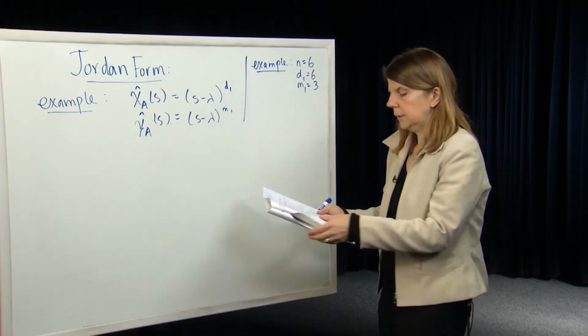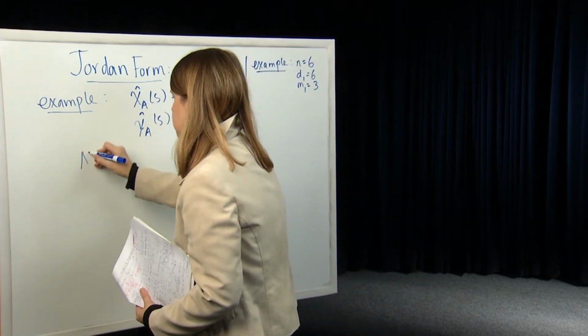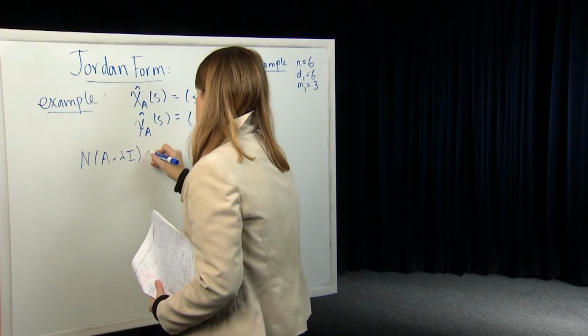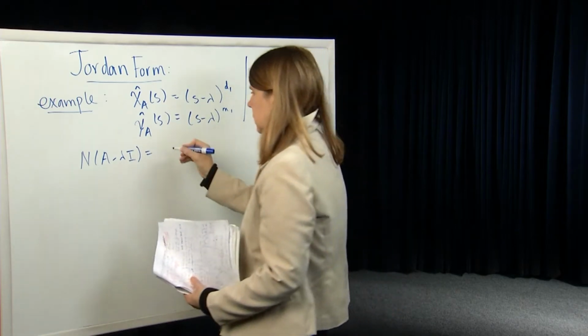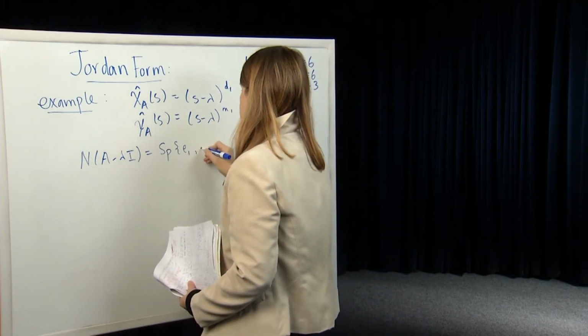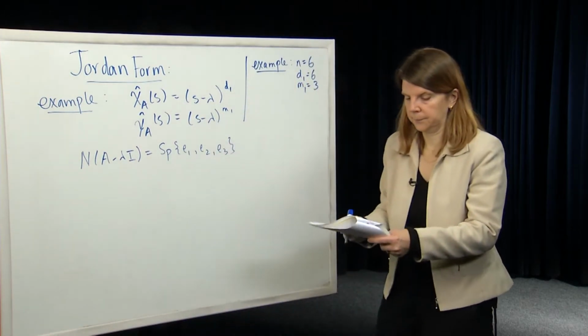So in this example, let's suppose that the null space of A minus lambda I, which is how we compute the eigenvectors of the matrix, is dimension 3. So it's the span of 3 eigenvectors, E1, E2, and E3.